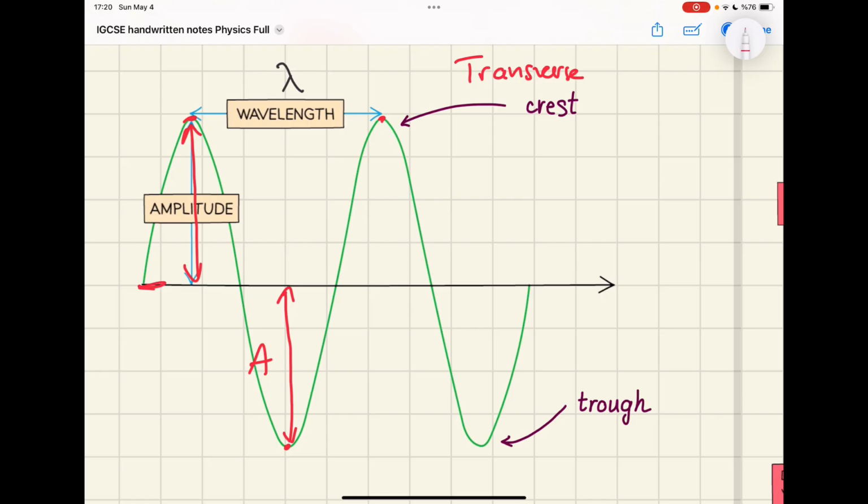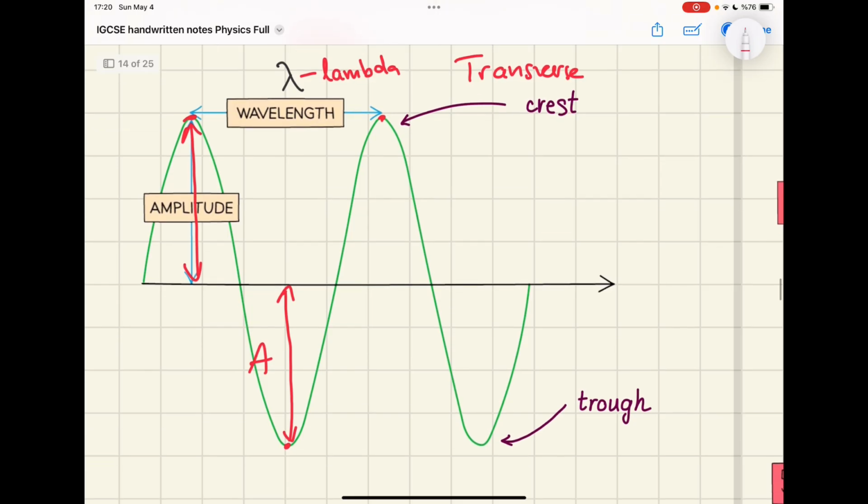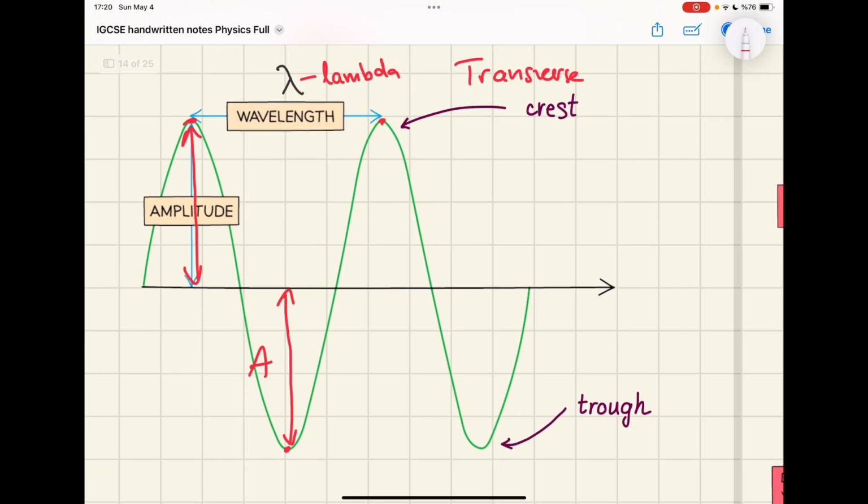Next thing, which helps us describe a wave, is its wavelength. Wavelength has an interesting symbol called lambda. Lambda is a Greek letter as well. We really like Greek letters in physics. It is the distance between two corresponding points in a wave.